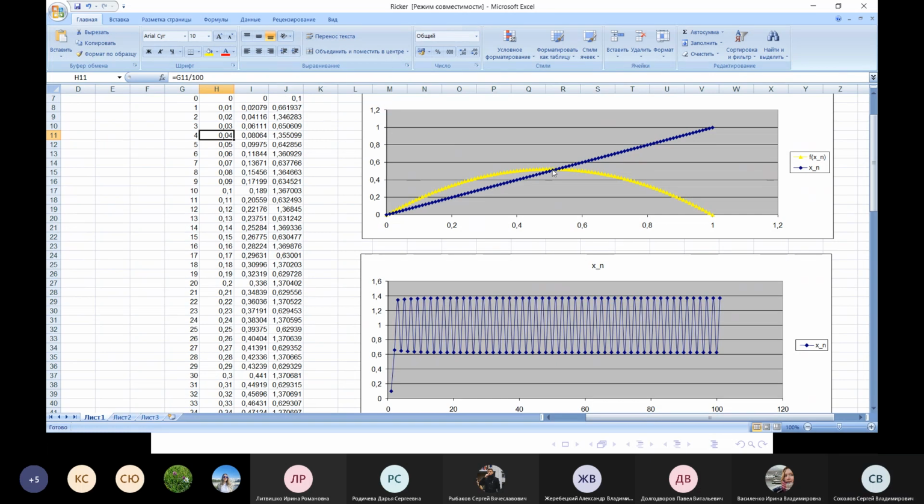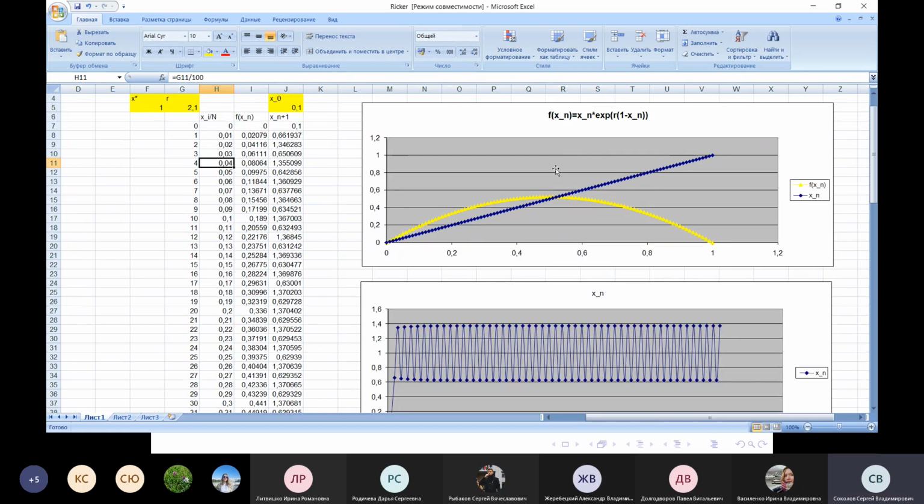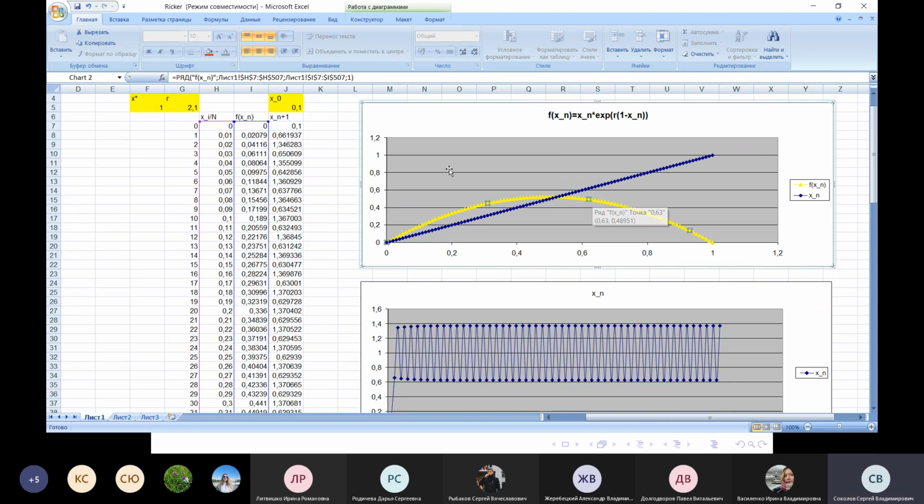Well, it's a bit strange because there must be intersection in these oscillations. Is it the right f of n or not? It looks a bit strange because there must be two intersections.